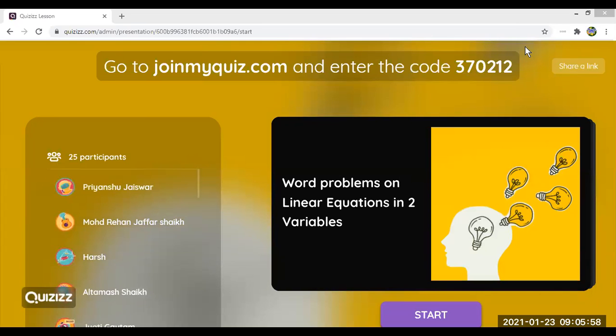Once you enter the code, it will ask for a name. Enter your full name, and once you enter the name and hit enter, you will be here on the dashboard. We will wait for a few more participants and then begin.